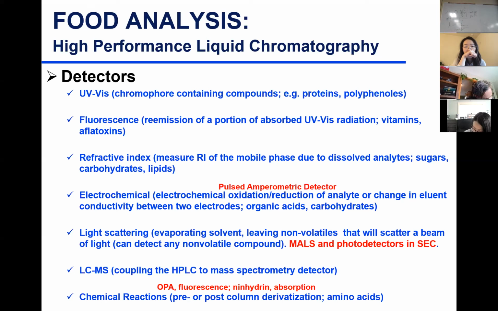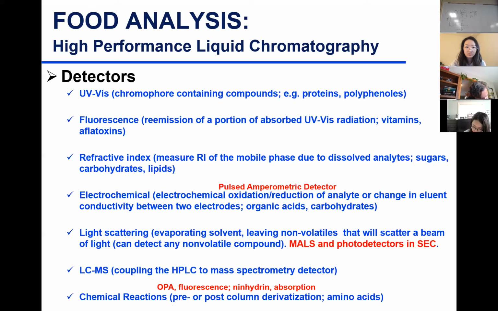Or you can measure the change in conductivity between two electrodes of ions. So if you're measuring inorganic ions or organic acids, for example, you can measure change in conductivity. So either you're measuring the change in current based on oxidation or reduction, or you are measuring the change in conductivity.